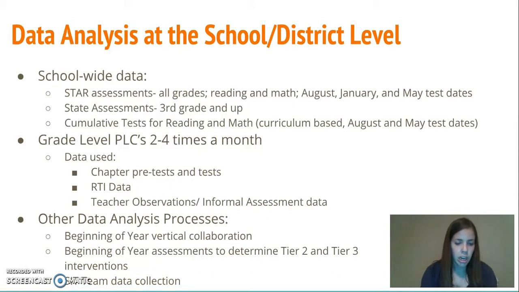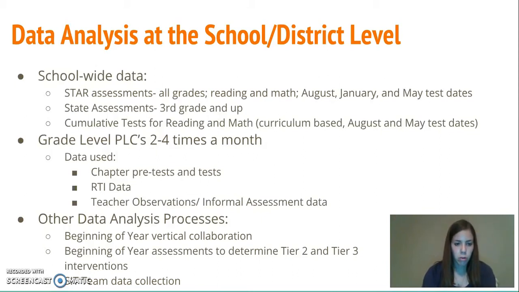And other data analysis processes that we have in our school are at the beginning of the year. We generally do some more vertical collaboration where like second grade will meet with first grade and third grade to sort of look at the data from the year before and talk about what needs to be done or how we can support each other with the students that are going up or the students that are coming up to us.